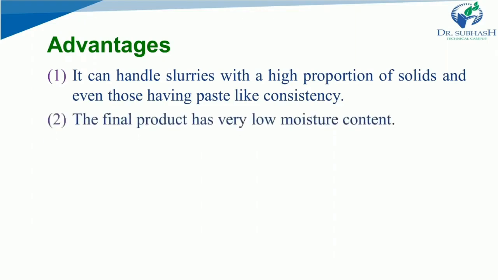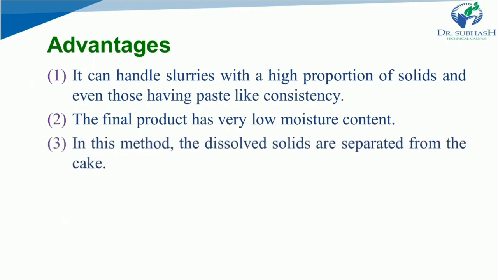The final product has very low moisture content. In this method, the dissolved solids are also separated from the cake, where if the cake is formed, the dissolved solids are separated via filtration centrifugation.